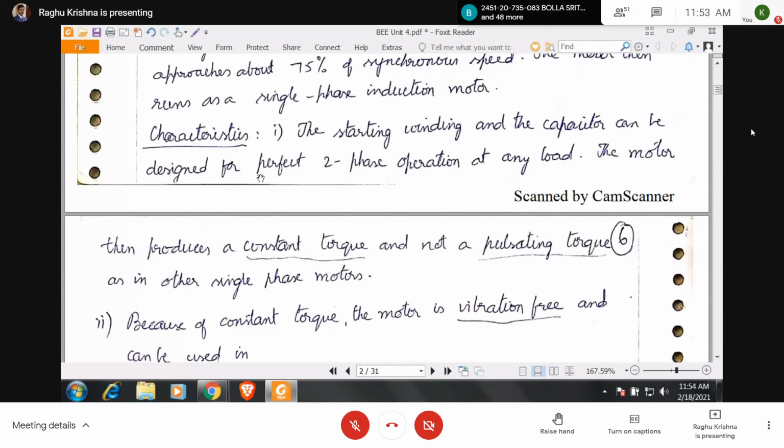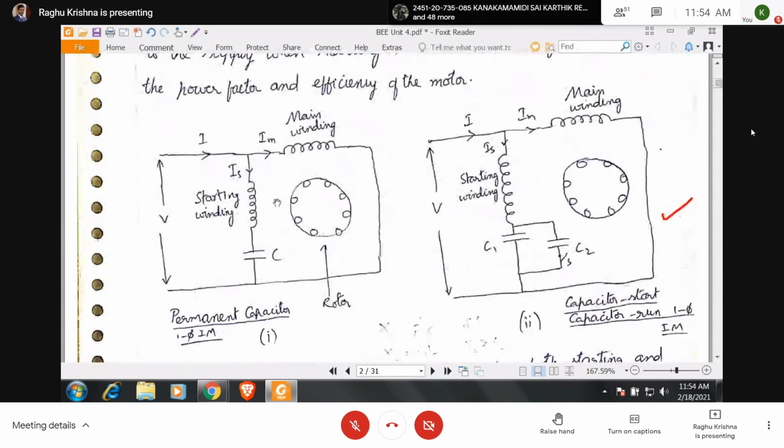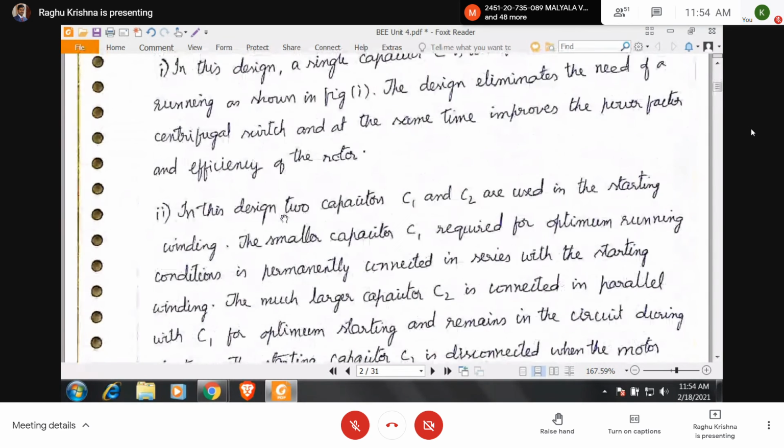When the difference between the two fluxes is 90 degrees phase displacement, the flux produced by the main winding and the flux produced by the starting winding must be 90 degrees apart, so that you get a constant rotating magnetic field.